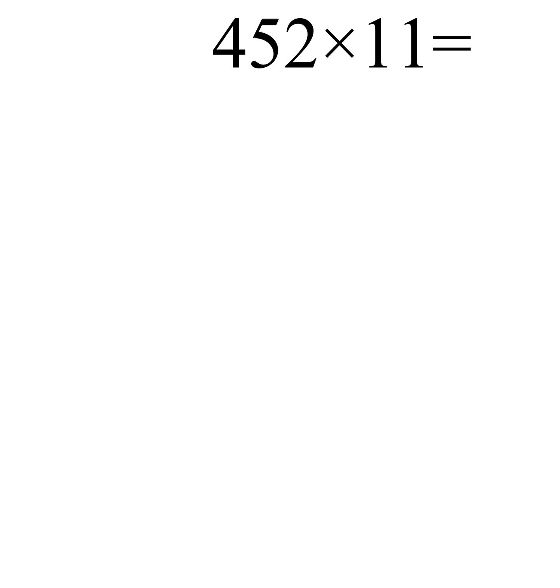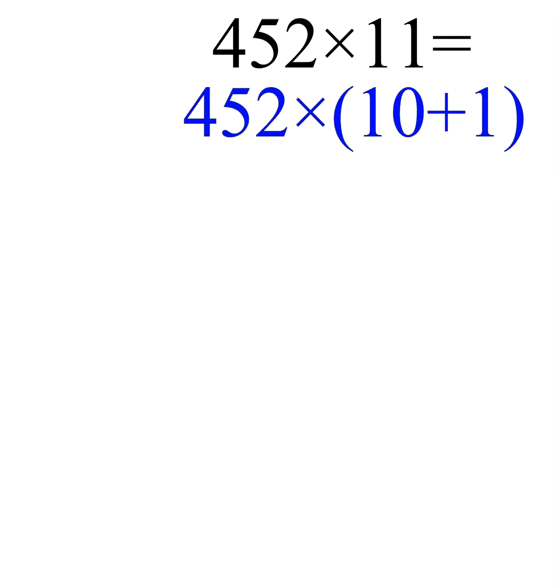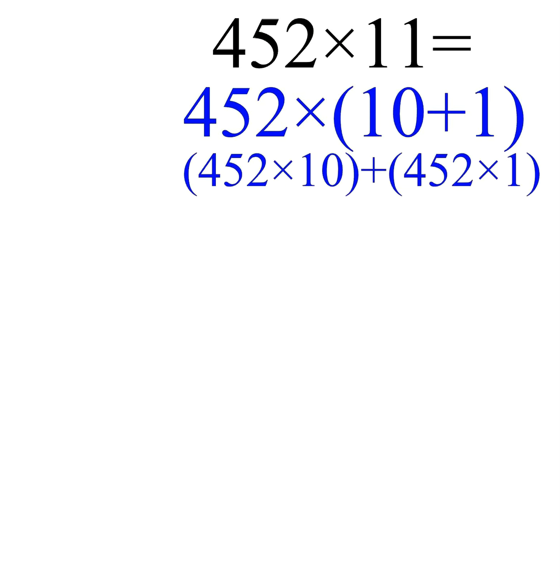Here, to prove it, we could write 11 as 10 plus 1. And according to the distributive property, we could multiply 452 into 10 and add it to 452 into 1.